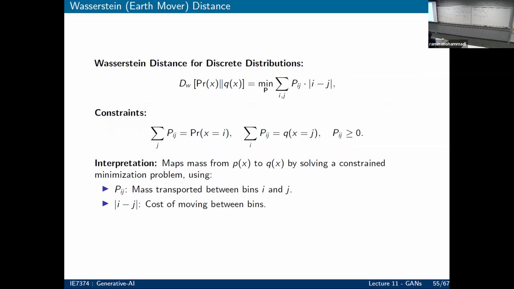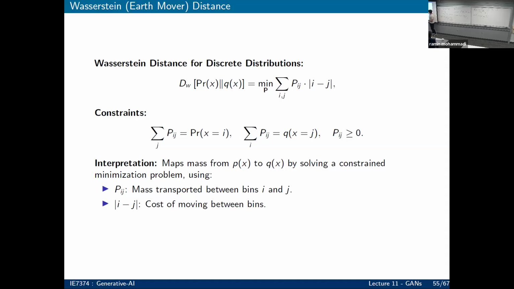So what you see in this equation, this P here is not a distribution. Pij means the amount of dirt I need to move from I to J. So this is the amount of information that you're moving from one location to the other one.